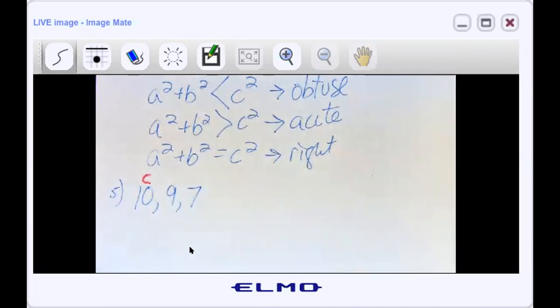Still, again, A and B don't matter because you're adding them. You just have to make certain that you put C in where C goes.